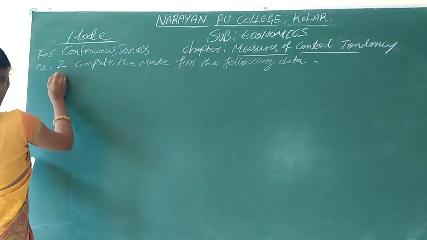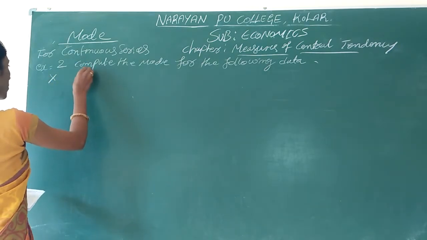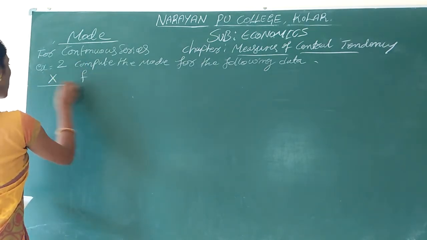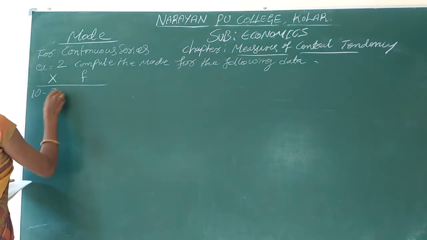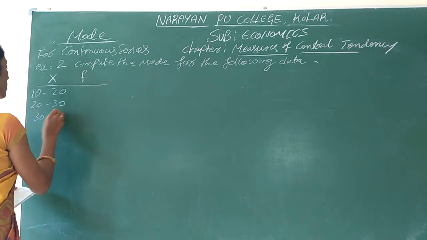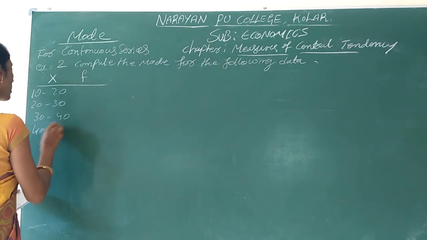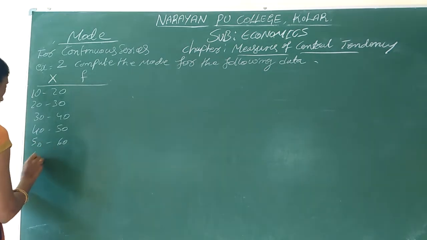Now the data is x and f. X is 10 to 20, 20 to 30, 30 to 40, 40 to 50, 50 to 60, and 60 to 70.